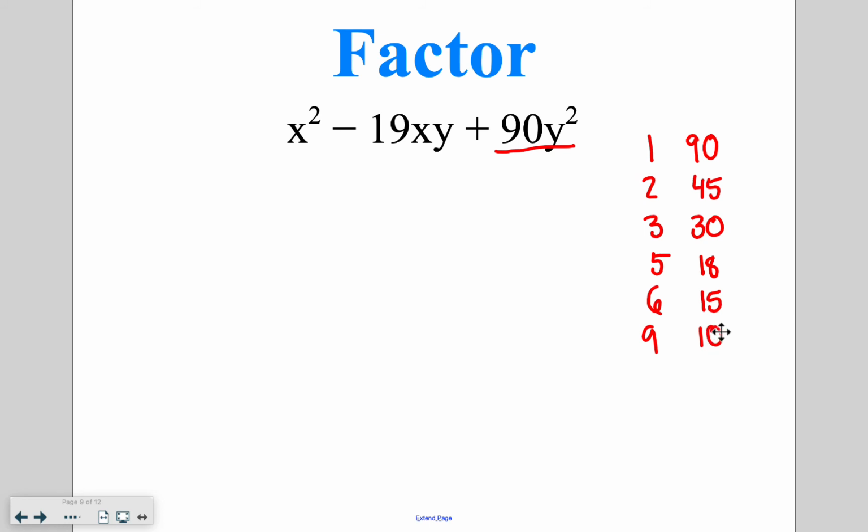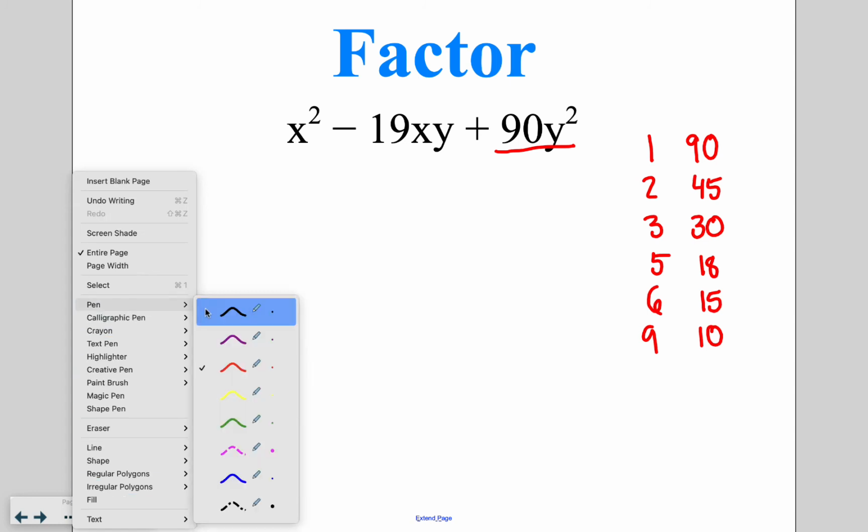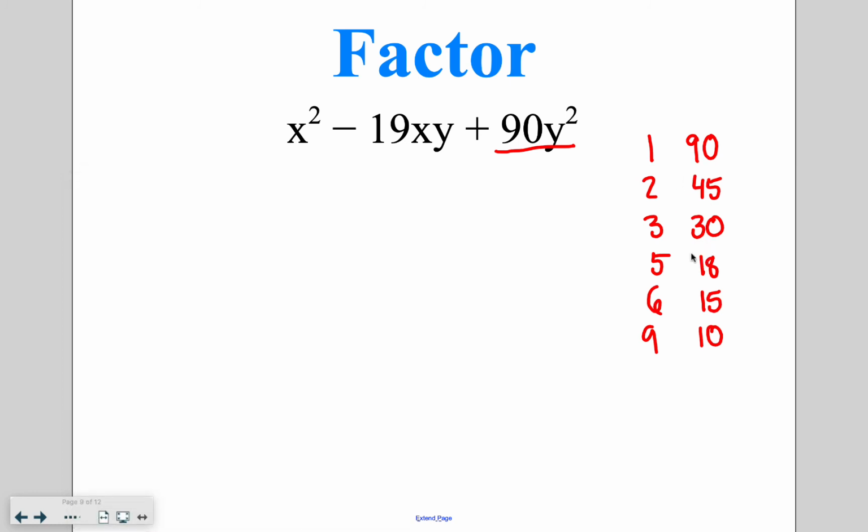So now we are looking for a factor pair that can get us to negative 19. So I'm going to go through and look, and when I get down to this bottom factor pair, I can have a negative 9 and a negative 10 to get to a negative 19.